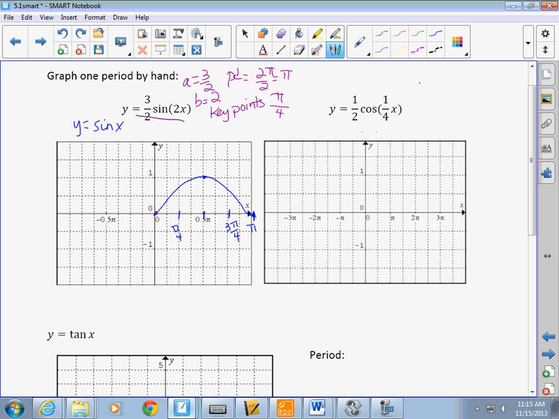This one is 3 over 2, so 1.5. So that means at my next key point, I'm going to be up at 1.5. At my next key point, I would have to be back at 0. The next key point, I have to be down at 1.5, and then I have to be back at 0.